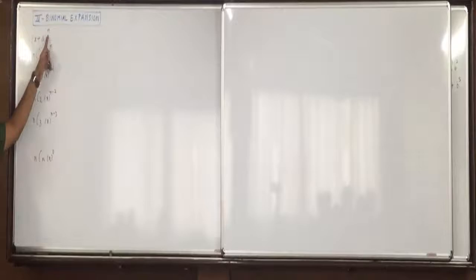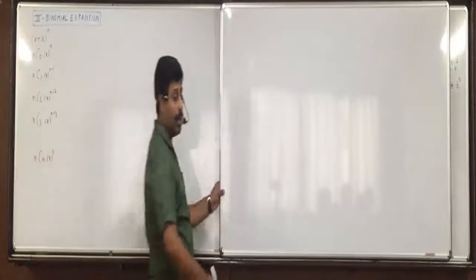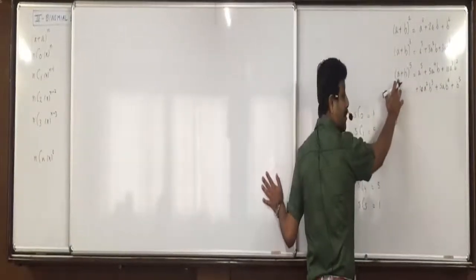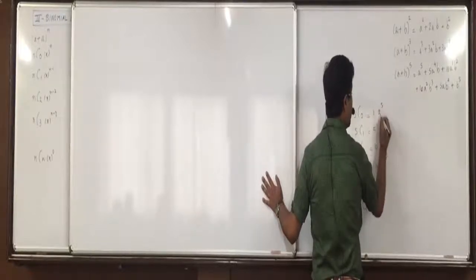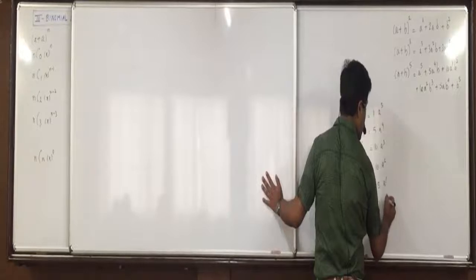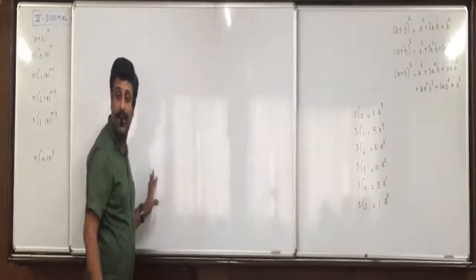So if the power is 3, then 3, 2, 1, 0. Like in our question, the power was 5, so we'll start with a raised to 5, 4, 3, 2, 1, 0. Did you understand this or not, everyone?